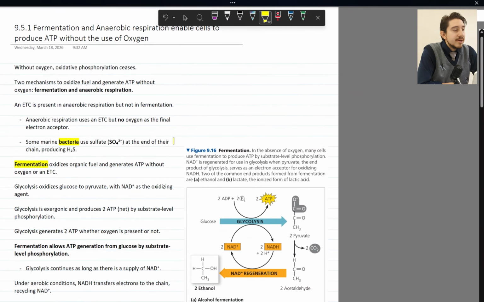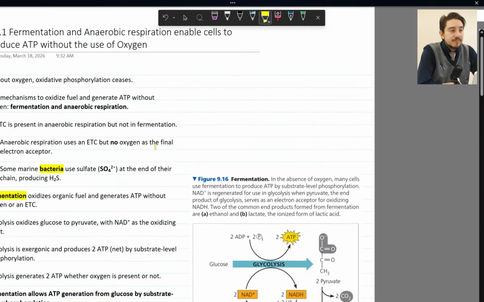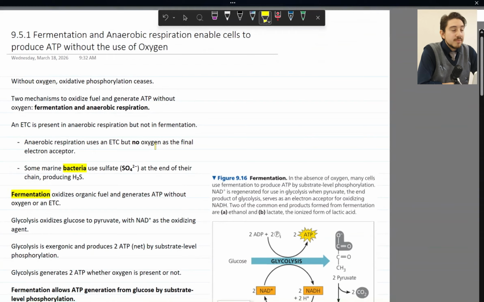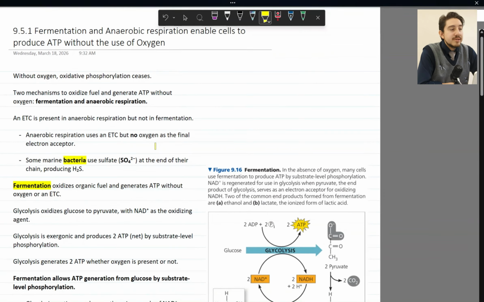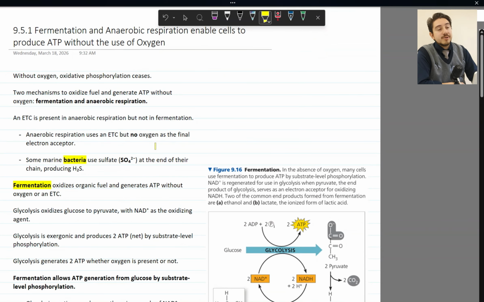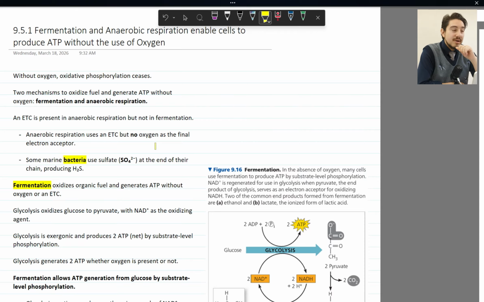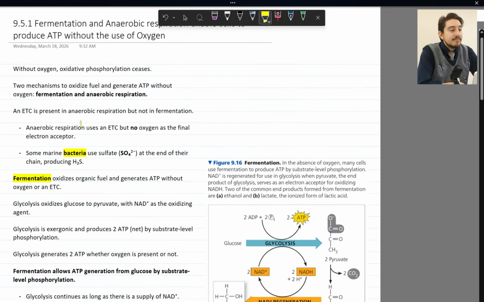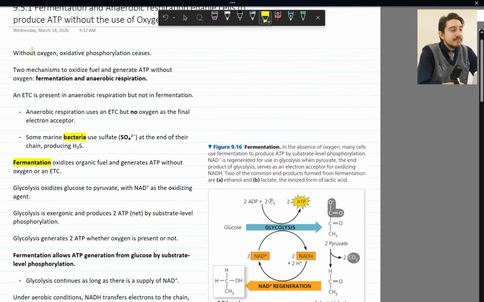All right. So now we're going to finish aerobic respiration and go into fermentation and anaerobic respiration. This enables cells to produce ATP without the use of oxygen. Without oxygen, oxidative phosphorylation will cease.